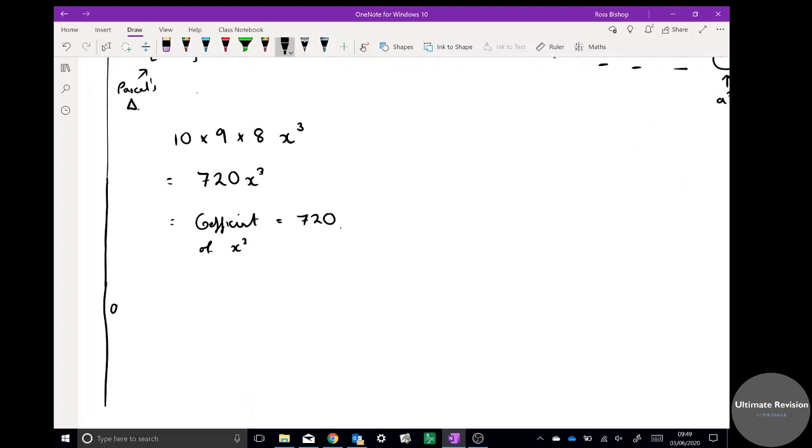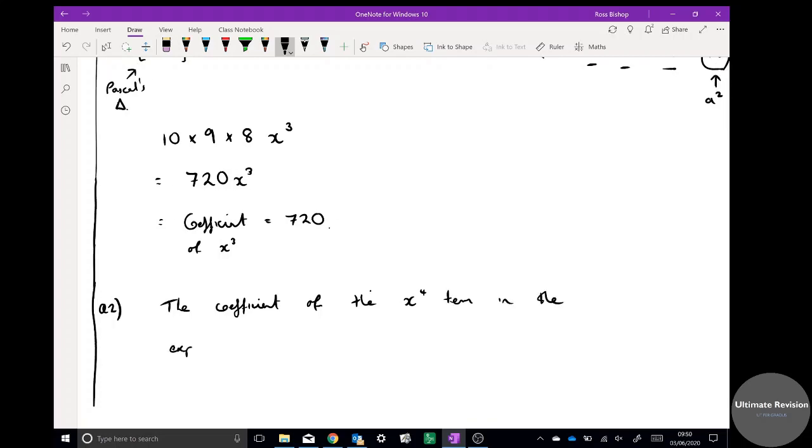Okay, let's look at a slightly different problem. Question 2. The coefficient of the x to the power of 4 term in the expansion of (a + 2x) to the 5 is 400.